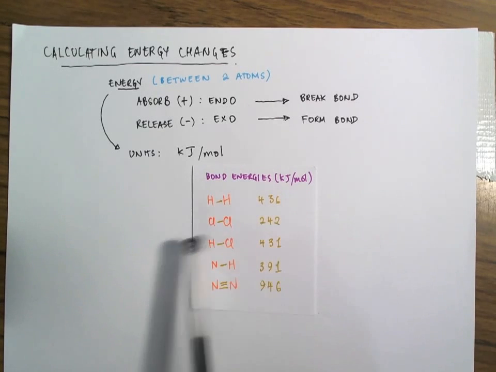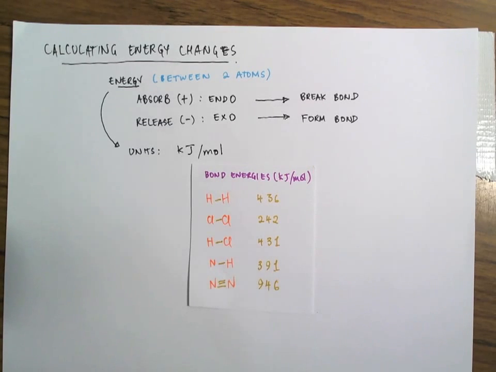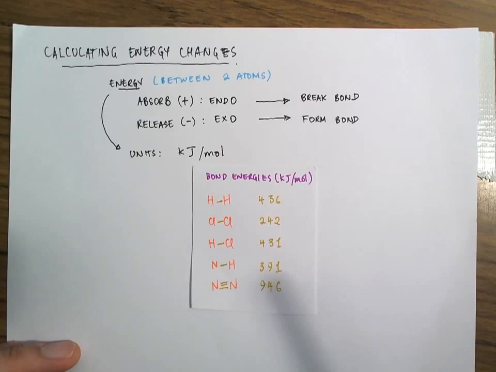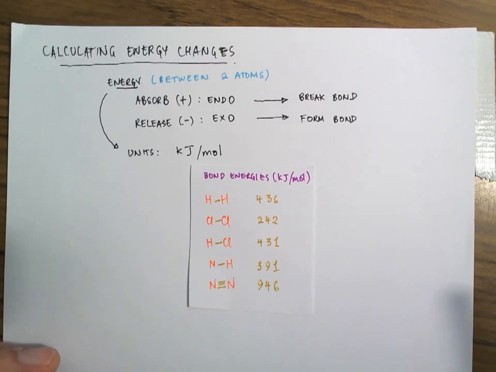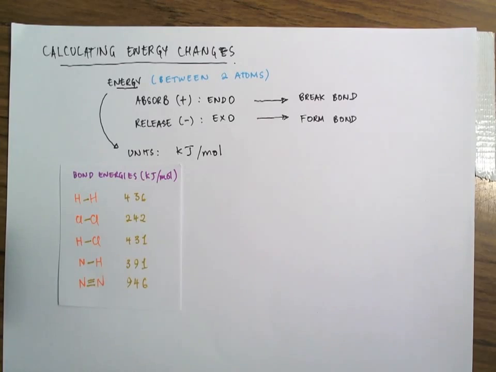So you can see here that the amount of energy required to break the bond between hydrogen and hydrogen is 436 kilojoules per mole, which means if I have a mole of hydrogen molecules, I'm going to need 436 kilojoules to break those bonds. Now it's also important to realize that the same amount of energy will be released when the bonds form, right? So let's just write that down.